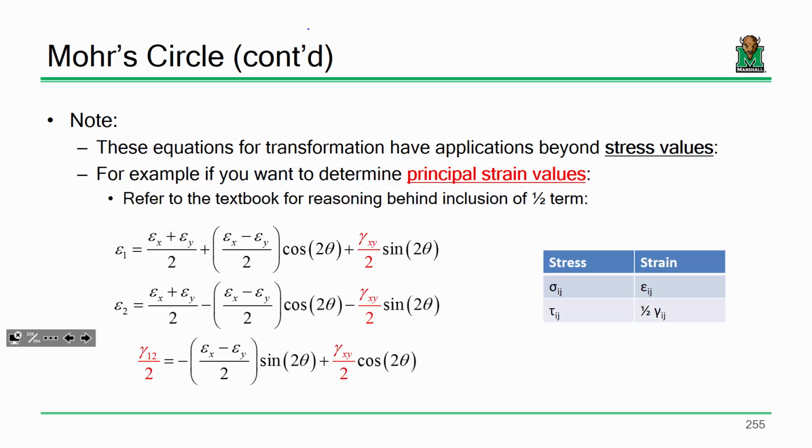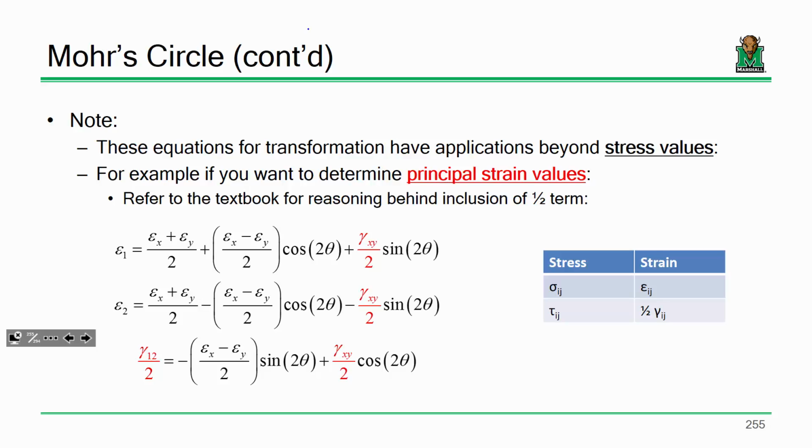I don't want to go into the math. There are a lot of intricacies as to why you're dividing by 2. But the long and short of it is this. When you look at a two-dimensional element and it deforms in shear, you're basically changing the angle. But because of that, you can change the angle with respect to the x-axis and the angle with respect to the y-axis. So there's sort of a doubling effect with strain, and that's why we divide by 1/2.